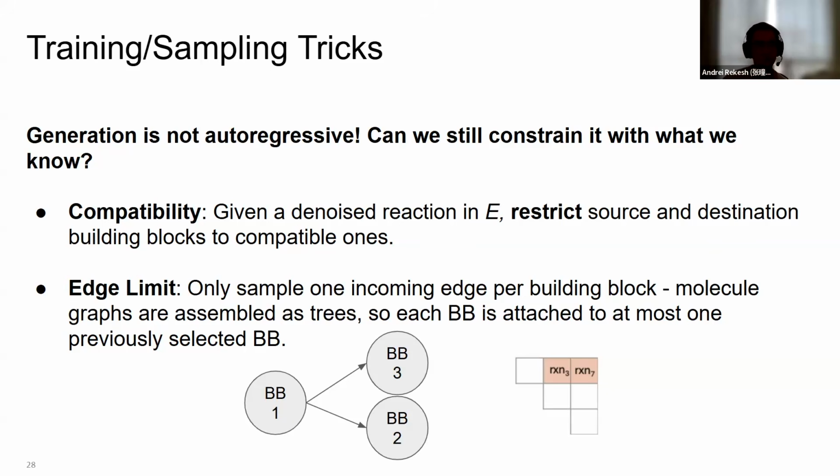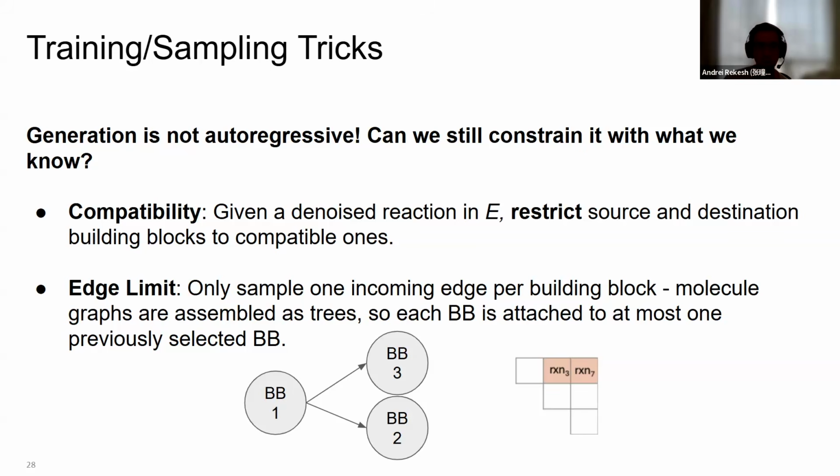Since we're not doing that here, and it's stochastic in the sense that we don't have control over which building blocks and reactions are denoised first, we can denoise in any sort of order. We still want to include some notion of compatibility.